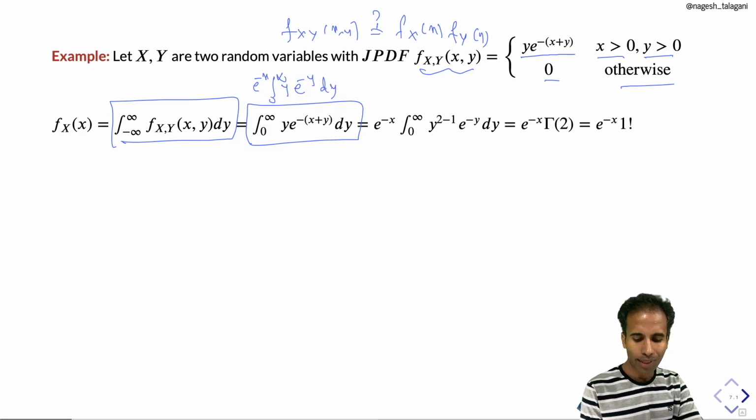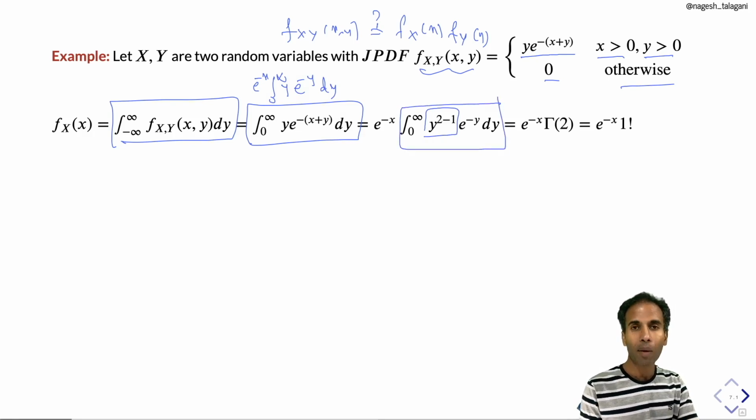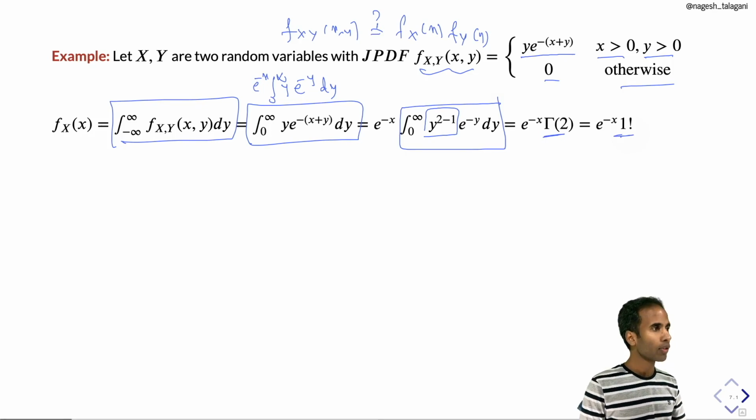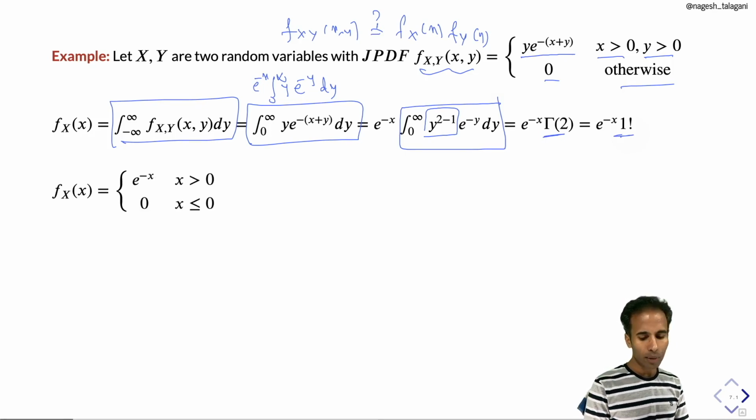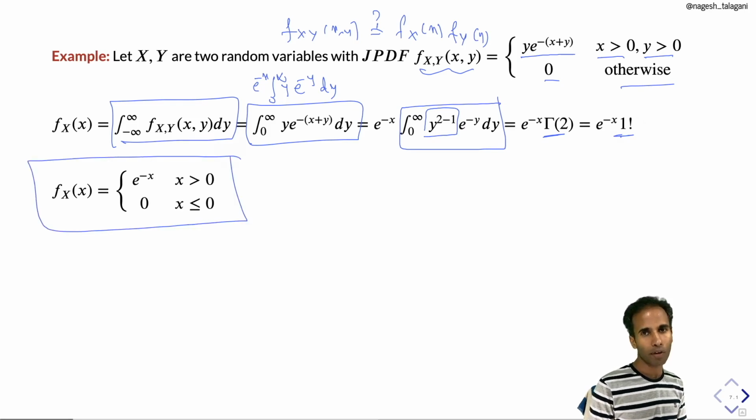This y you can realize as y to the power of 2 minus 1, so that this integral can be seen as a gamma integral. So it's going to be gamma 2. So e power minus x times gamma 2, value 1 factorial. So the PDF of X is e power minus x for x positive, 0 for x less than or equal to 0. This is the PDF of X.